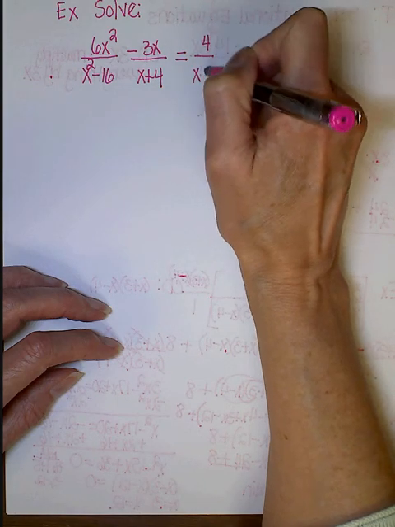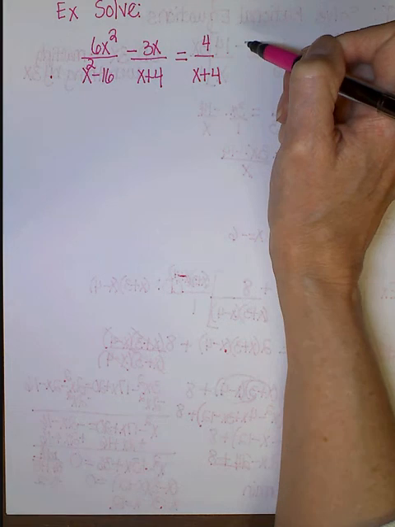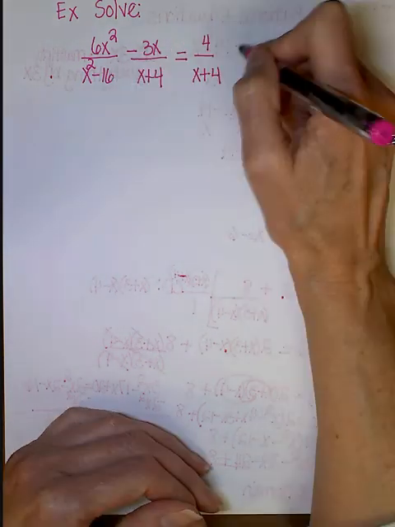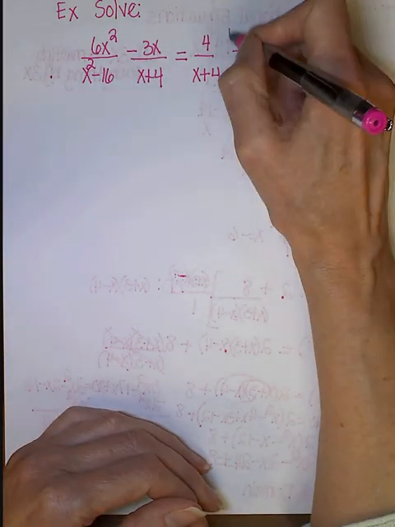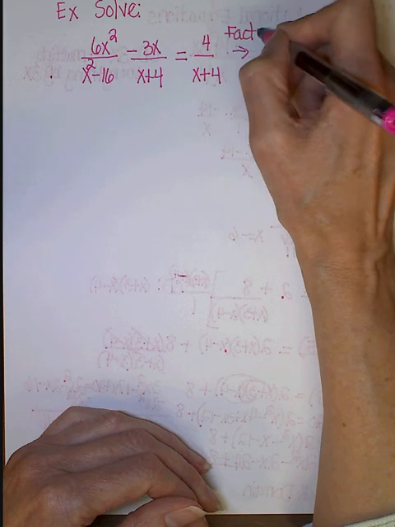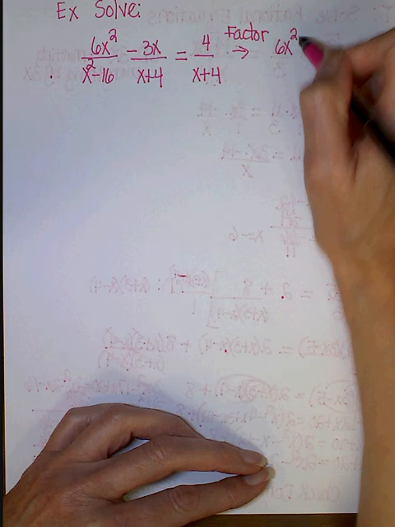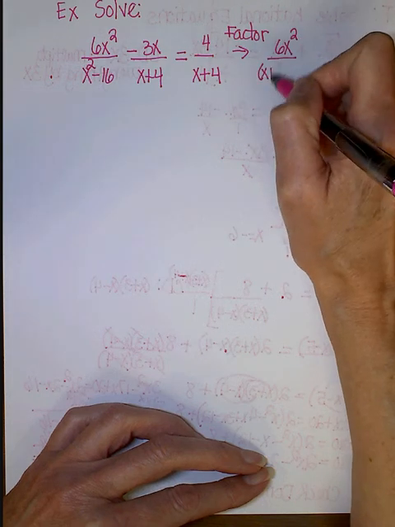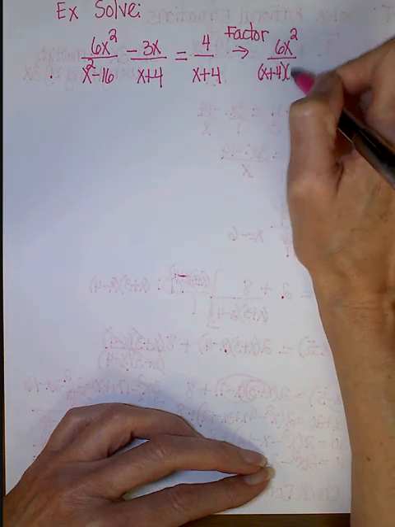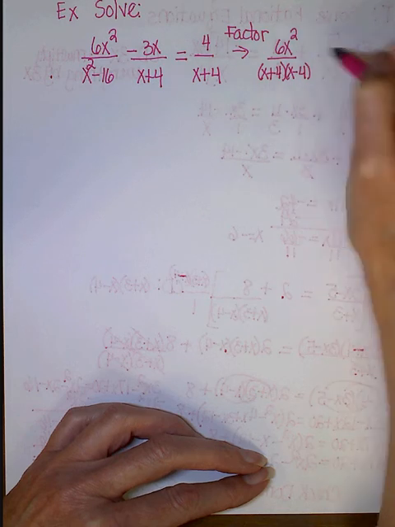Alright, so remember, sometimes we need to factor. We need to factor this before we can find the common denominator. Okay, so that's our difference of perfect squares. So that would factor into x plus 4 and x minus 4.